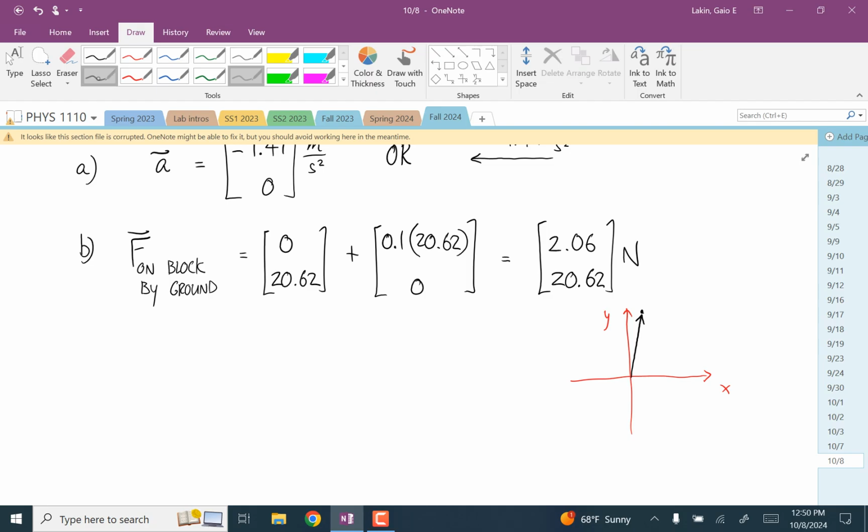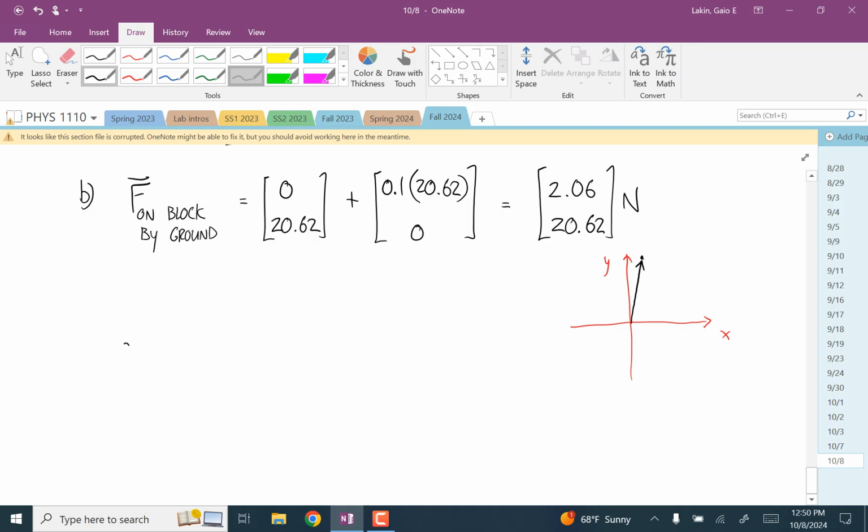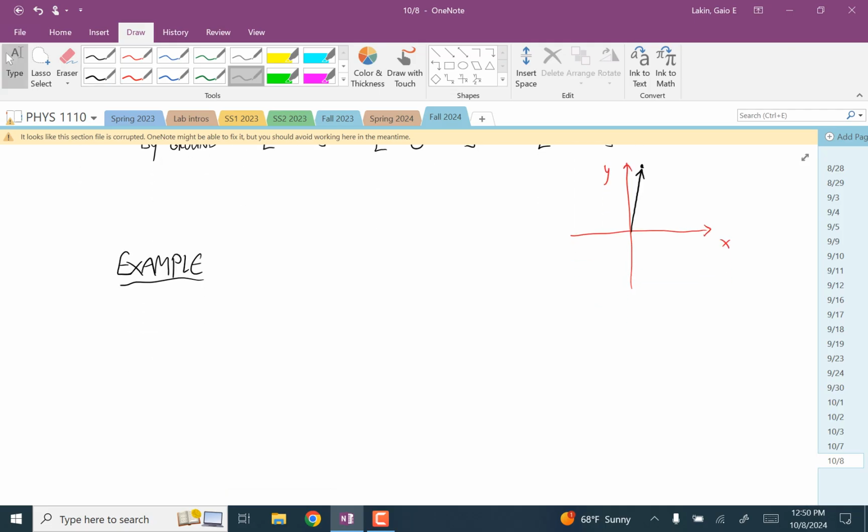Okay, let me give a couple of problems and you can try to work through them. So the first one, let's say we have a cart with a mass of 3 kilograms, and we're applying a downward force of 10 newtons and a force to the left of 20 newtons.